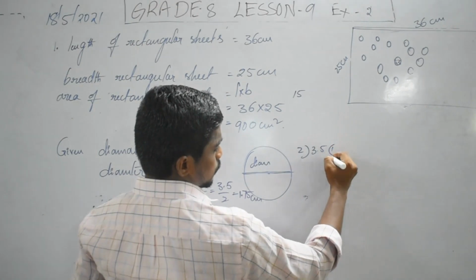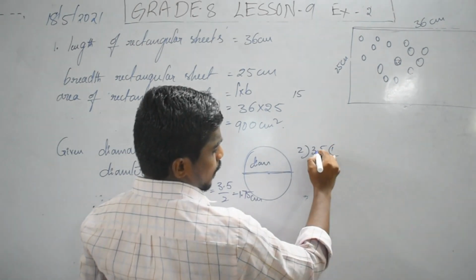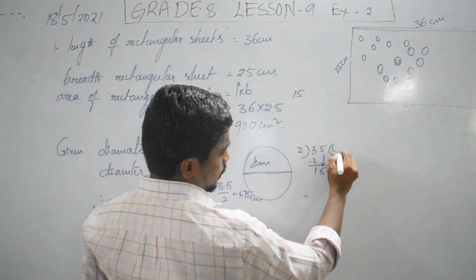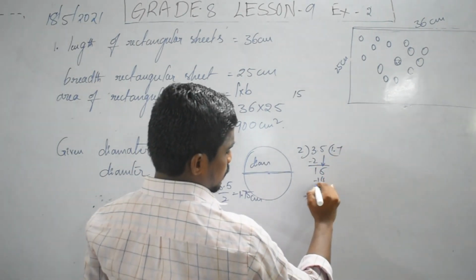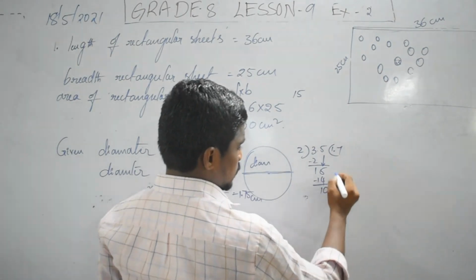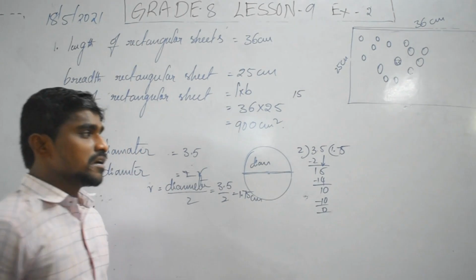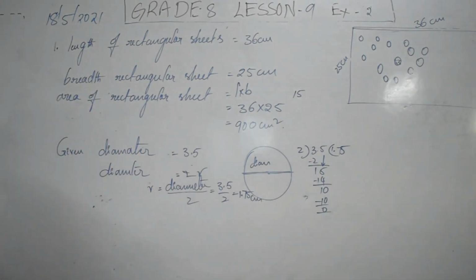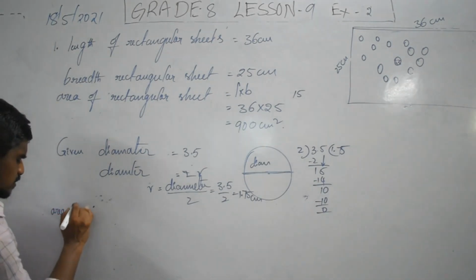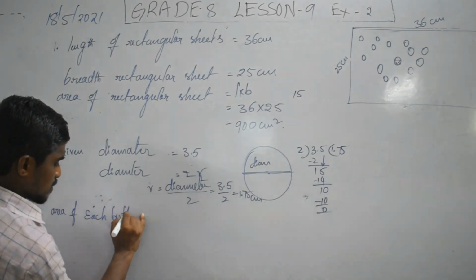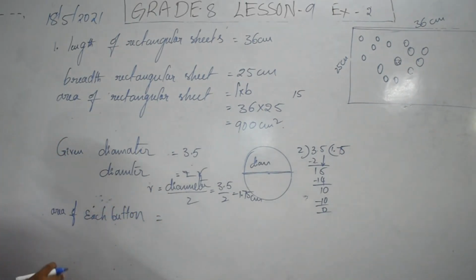Here see division. 2 1s are 2, whole number division finished. 0.150. 2 7s are 14. 1 point, also here 0. 2 5s are 10. So 1.75 centimeters is the radius of each button.